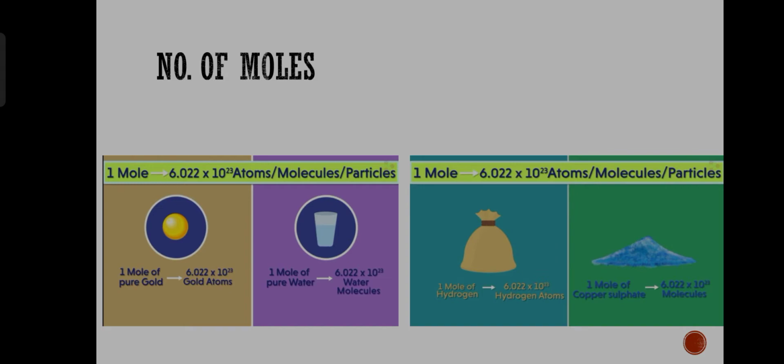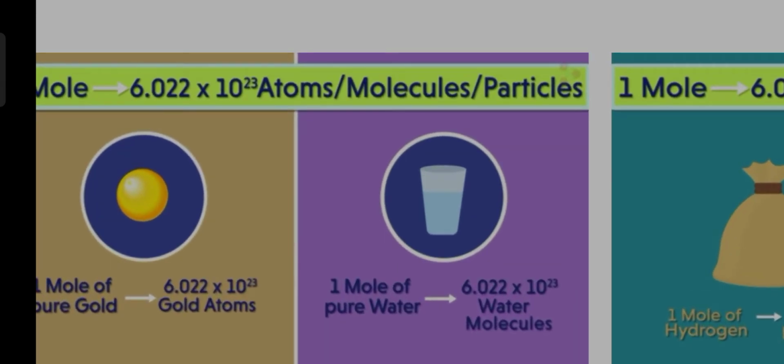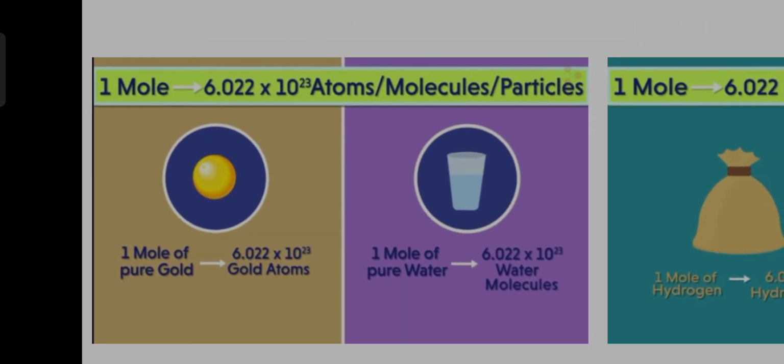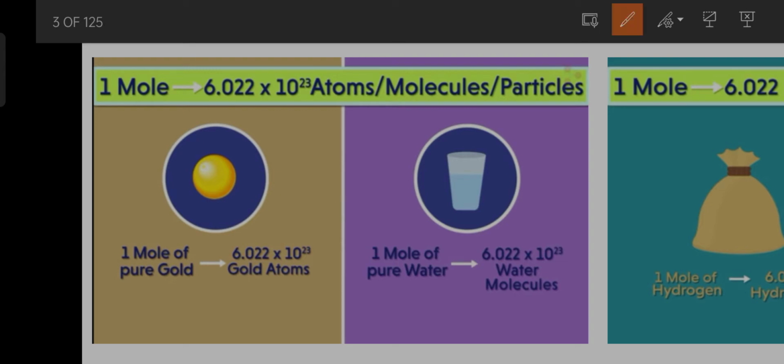So let's consider the examples of different substances. 1 mole of pure gold, what will be the number of particles? 1 mole of pure water. What is the chemical symbol of gold? It's Au.